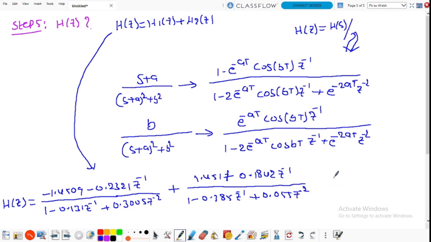So this is the digital filter system function, the Butterworth low pass filter digital filter system function using the impulse invariant transformation method procedure. So this is a lengthy problem.